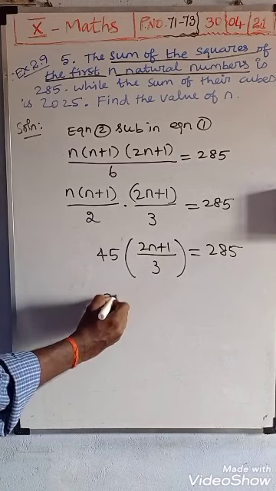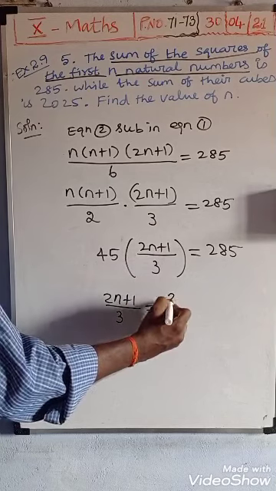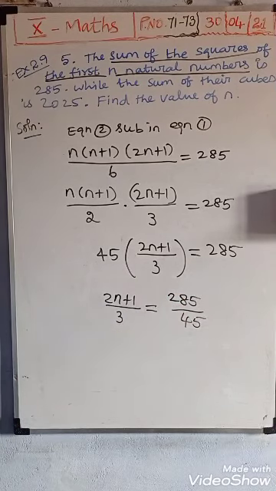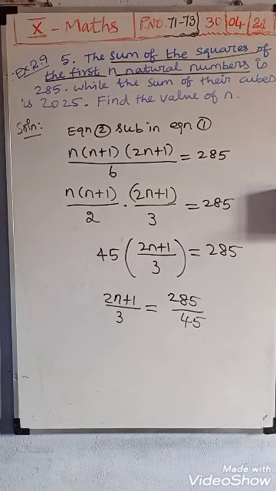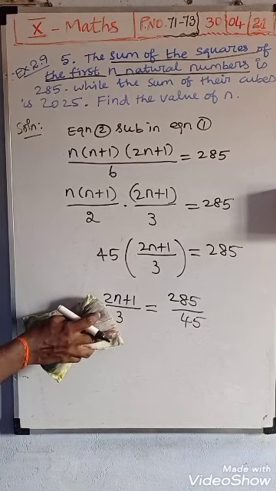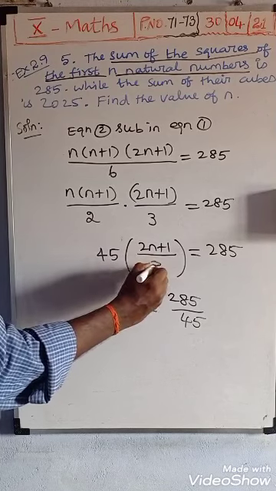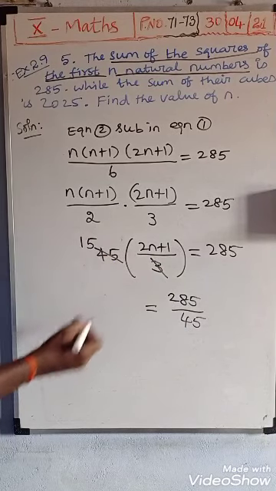Therefore keep 2n plus 1 by 3 as it is. The multiplication by 45 goes across as division by 45. So 285 divided by 45. Here 3 is there, and 3 times 15 is 45, so you can cancel: 1 three is 3, 5 threes are 15.